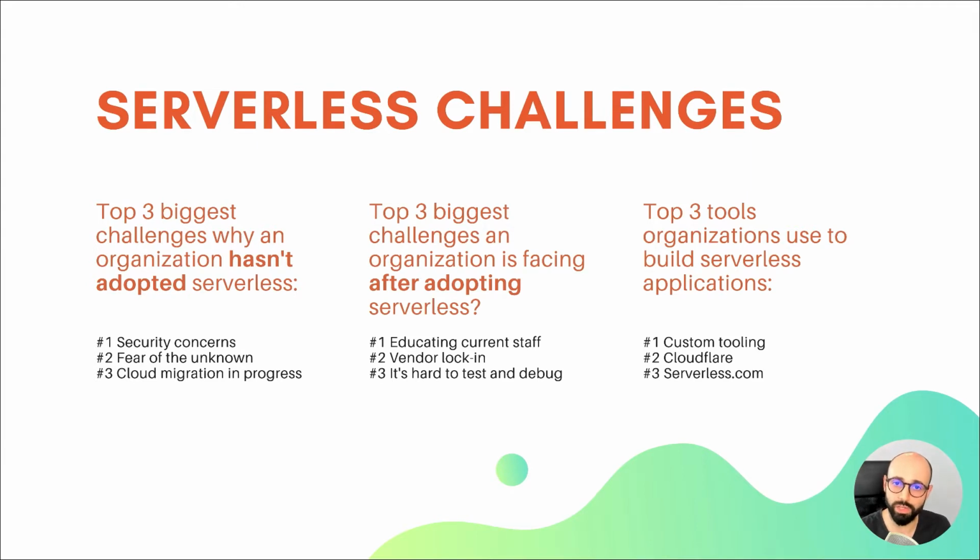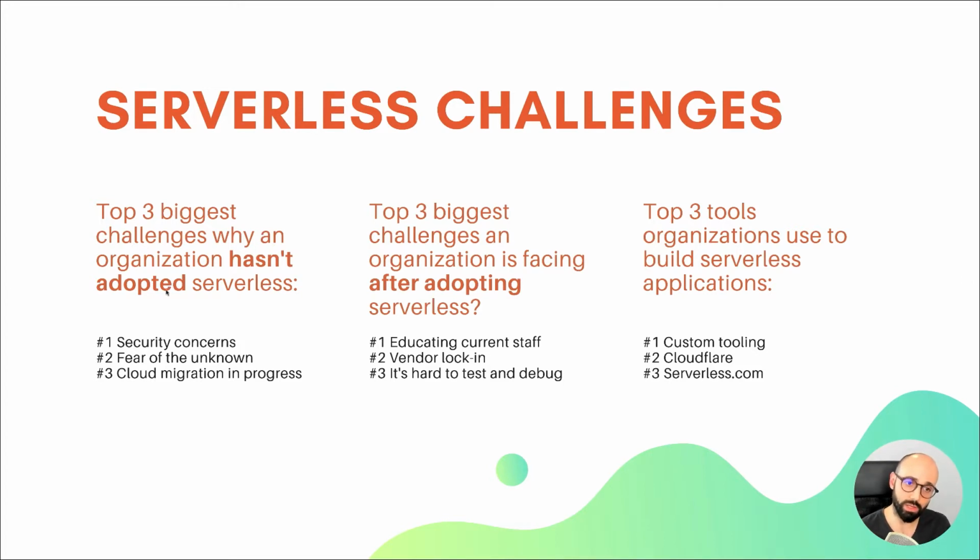There was a survey done with 1,500 organizations on why they haven't adopted serverless, and if they did, what are their challenges, as well as how were they building their serverless applications. When we talk about why organizations haven't adopted serverless, the main reason is actually security.